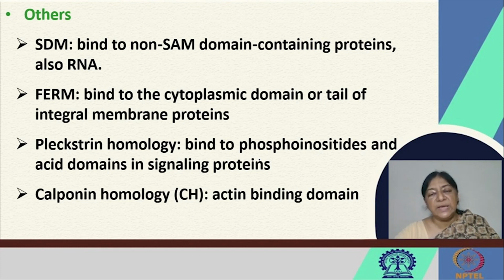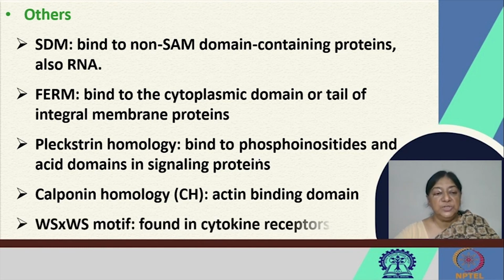But what we need to recognize or understand is that there is specific recognition involved in the protein-protein interactions for the specificity and the high affinity that is associated with the specific processes, specific biological action of each of these domains.